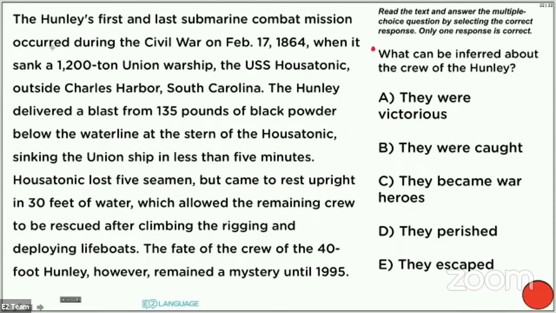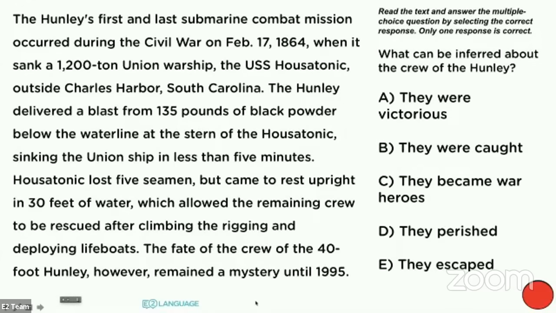Let's read this. It says, the Hunley's first and last submarine combat mission occurred during the Civil War on February 17, 1864, when it, the Hunley, sank a 1,200-ton warship called the USS Housatonic outside Charleston Harbor in South Carolina.